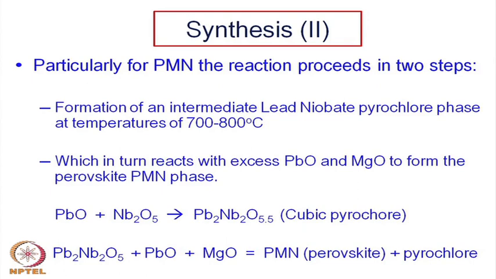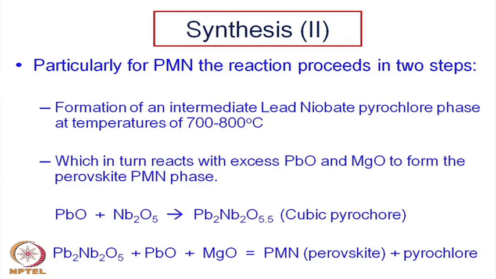Because there are three cations involved with oxygen, and their reaction rates and diffusion rates are a little different, it does not directly form lead magnesium niobate. Instead the first phase which appears is lead niobate. So it is a binary composition, not a ternary one obviously.